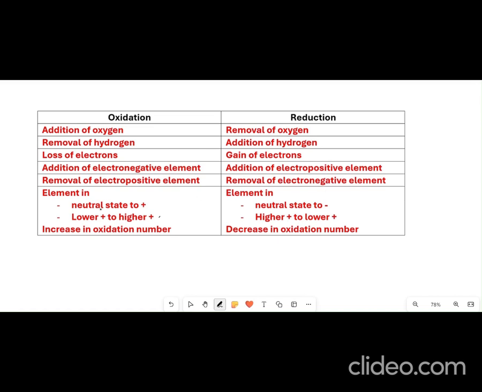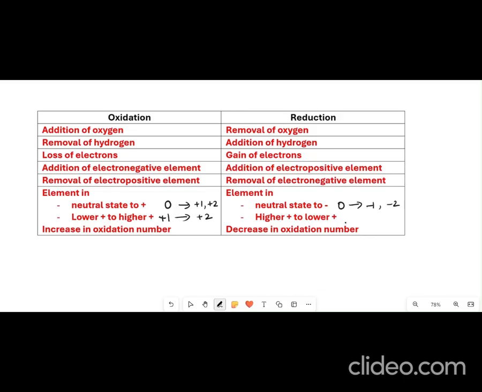And see here, from the neutral state, that is 0, to plus 1, plus 2 or plus 3, it is oxidation. From the neutral state to minus 1 or minus 2, that is reduction. Or we can say lower positive to higher positive, that means an element from plus 1 converted to plus 2 or from plus 2 to plus 3 oxidation state, that is oxidation.